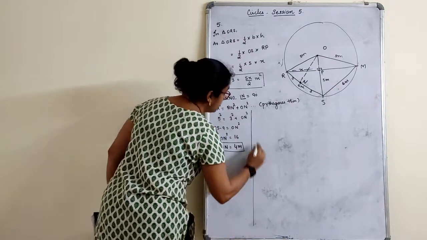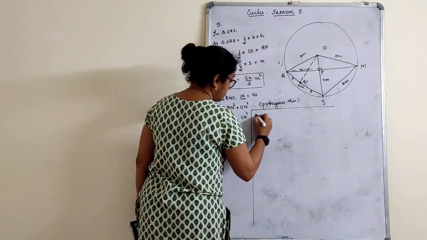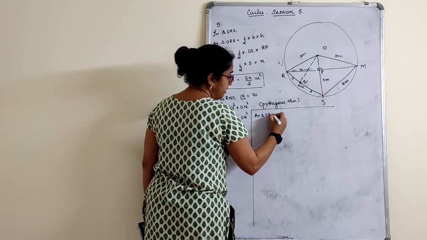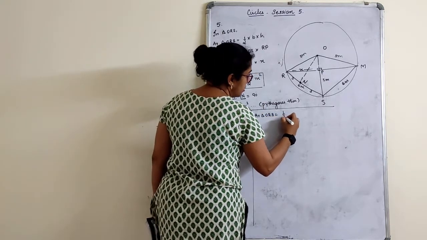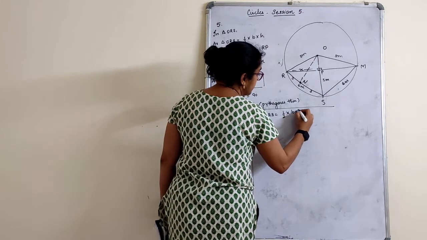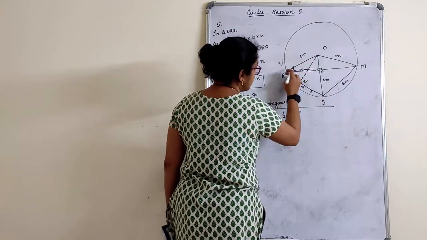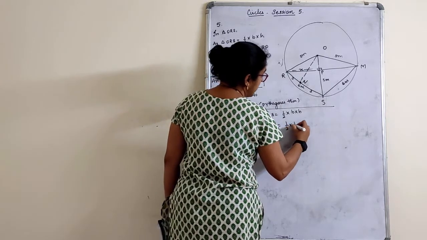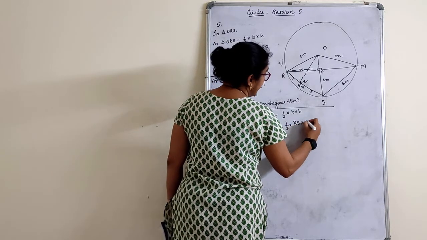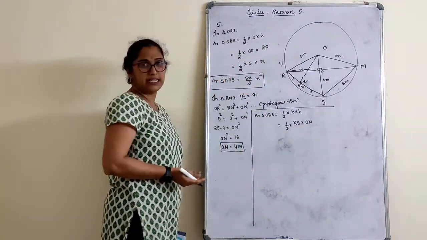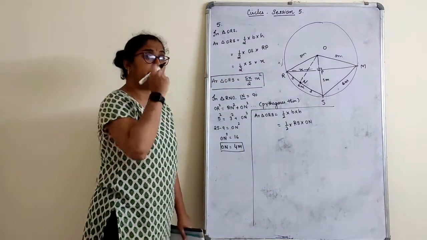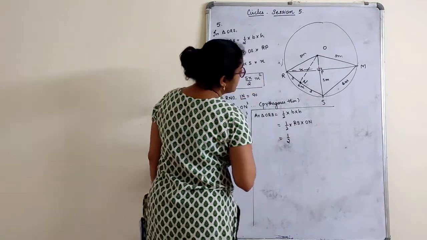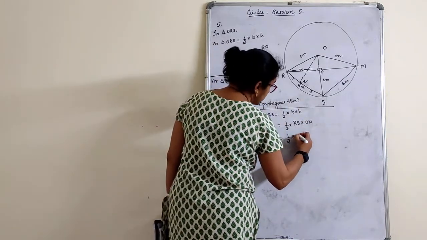I'll do it here now. Area of triangle ORS again, now again we'll take, is equal to half into base into height. At this point of time now, I will consider my base as RS and height as ON. Can we use this? Yes. Depending upon what base we choose, the height. So half, RS is equal to how much? 6.